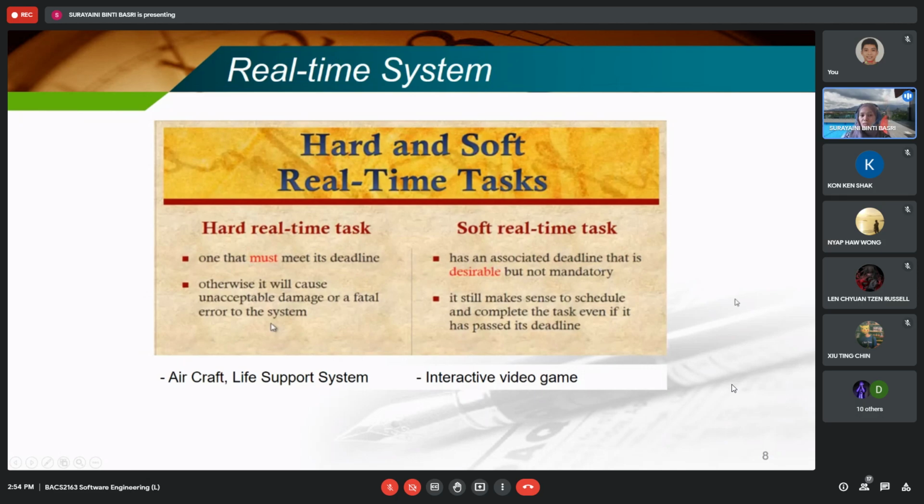Remember the example just now is the interactive video game. If the hard system didn't meet its deadline, it will cause unacceptable damage or a fatal error to the system. Whereas for the soft real-time system, it still makes sense to schedule and complete the task even if it has passed its deadline.